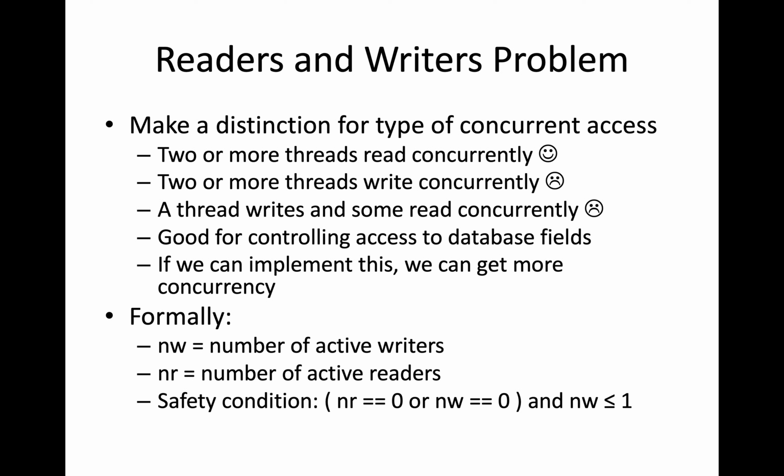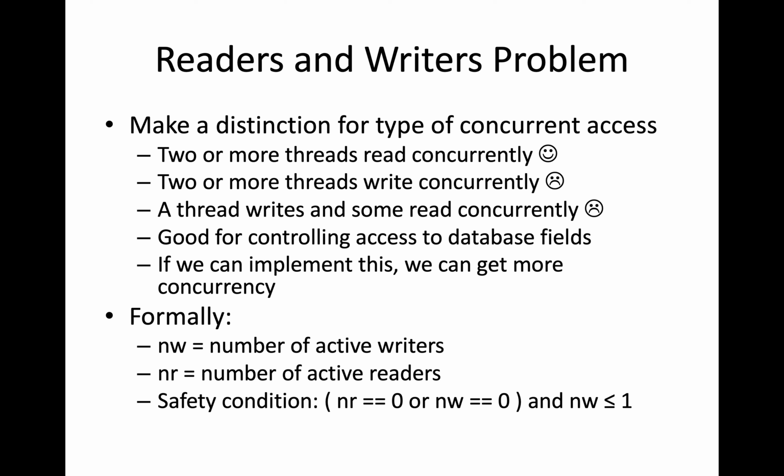And that usually means it's okay for multiple threads to read from a thing at the same time. If multiple threads, however many, just want to look at the value of a variable in memory or look at a field of a database, usually that isn't going to cause any harm. But if two of them want to write to that field at the same time, well, one of them might overwrite what the other one just wrote.